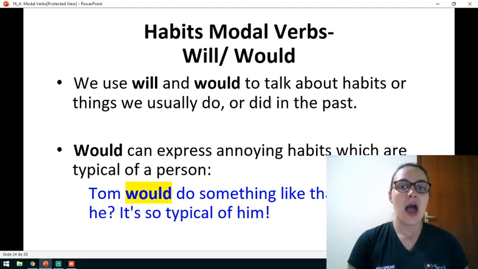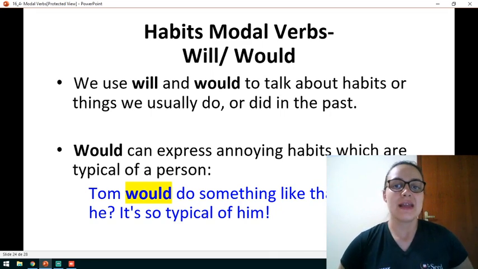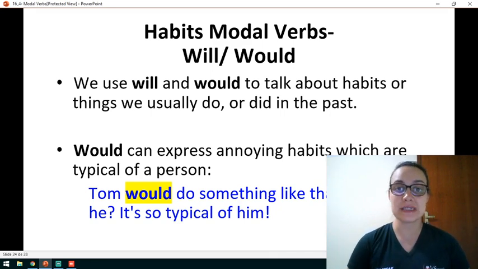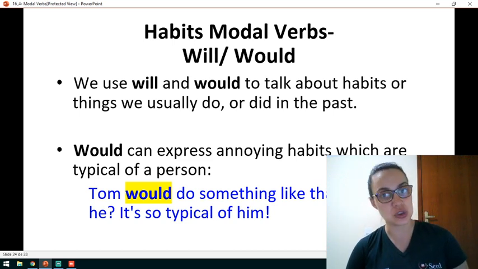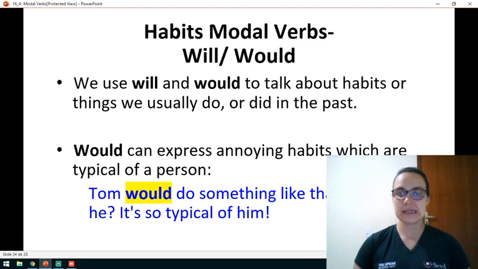Now, when we talk about habits. Habits are a little bit more difficult, but we use will or would to talk about habits. Or we can use them to talk about things we usually do or did in the past.